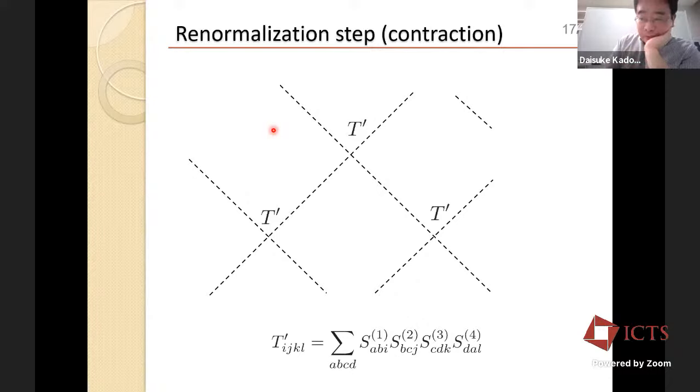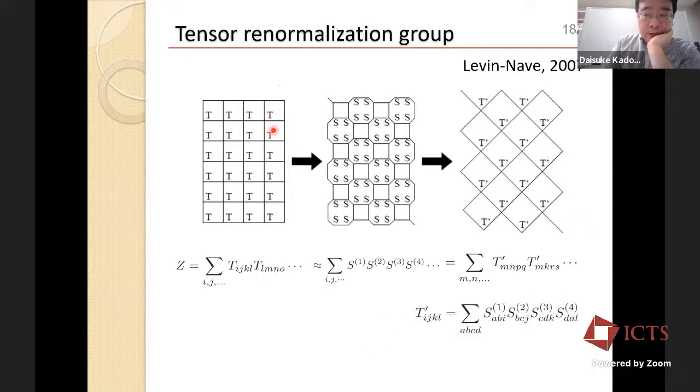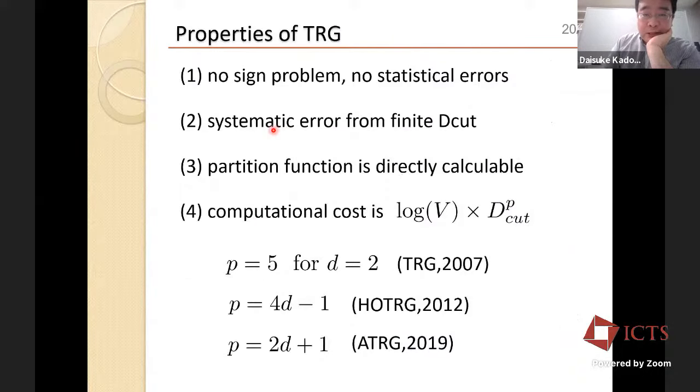These two steps do not have any stochastic process, so the tensor renormalization group method has no statistical errors. So there is no sign problem in this method from the beginning. This method effectively works for theories with the sign problem of the Monte Carlo method.